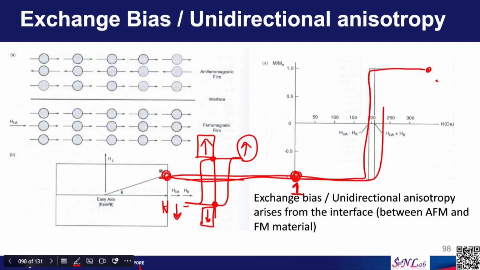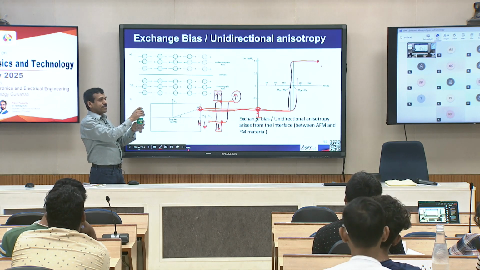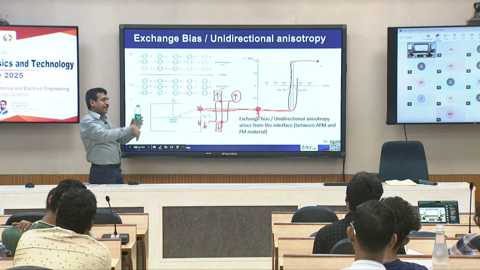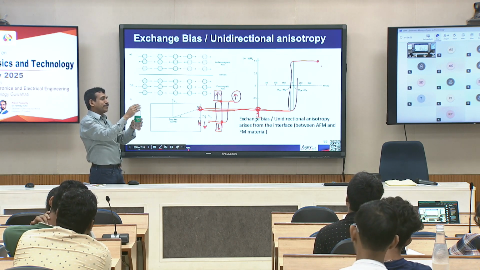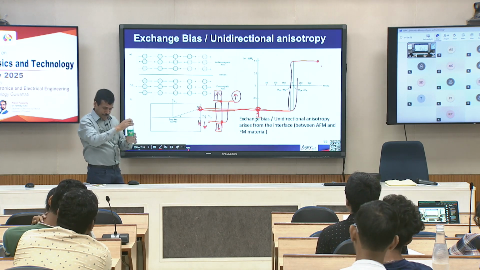That means, if I have something like this, my north pole is always going to be like this. Whatever I do, I apply a very large magnetic field along this direction, if I remove it, my north pole is still going to be the same. I can never make this a south pole.